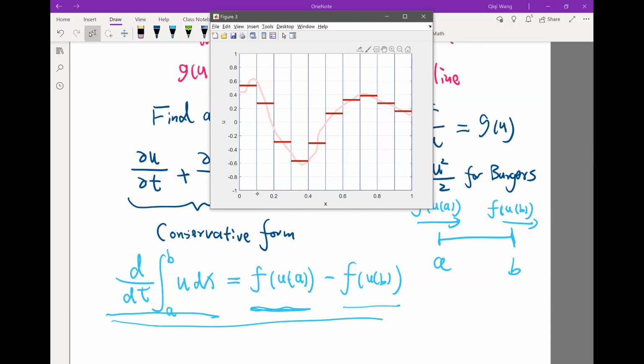Right, so for example, let's say the interval from 0 to 0.1 is the interval A and B. How does this average amount of u within the interval relate to the quantities we are looking at in the integral form?